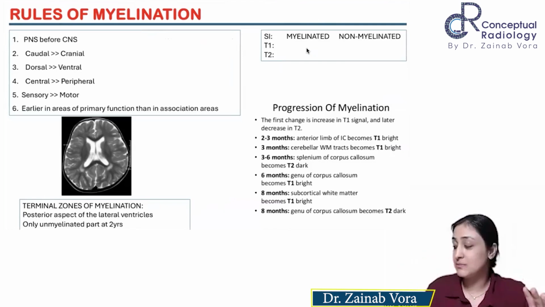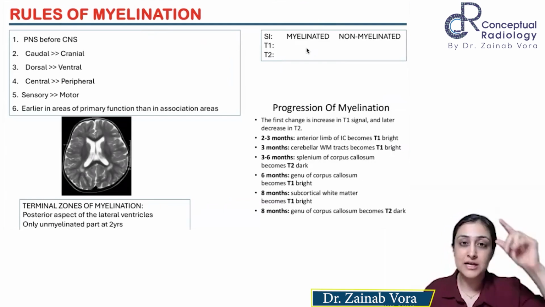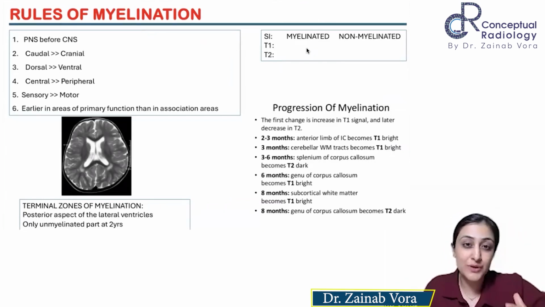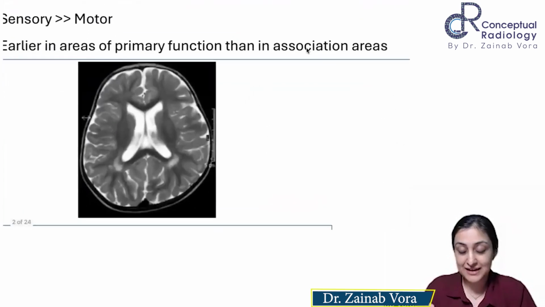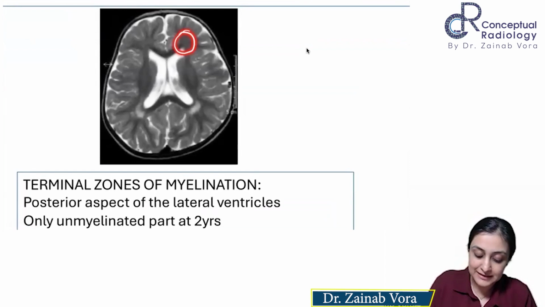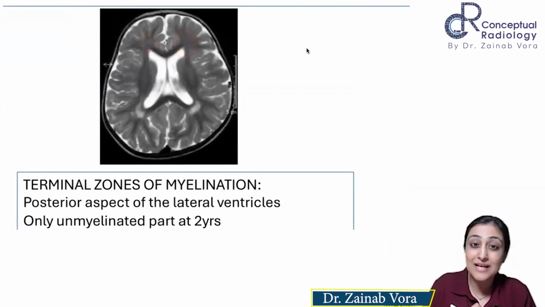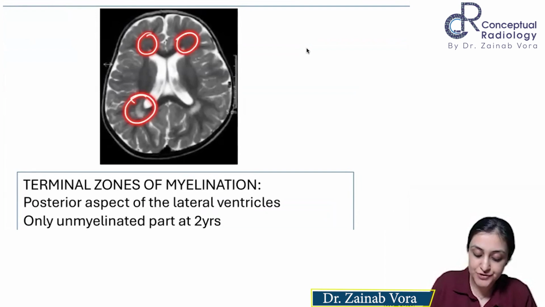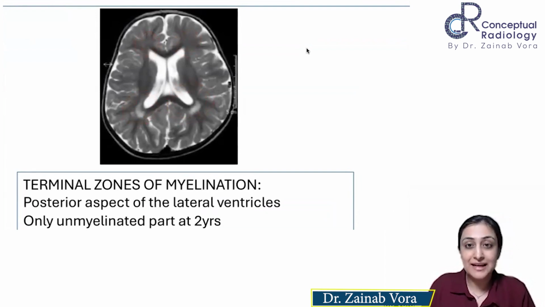It's at 18 months that the brain is almost ready, except a few areas. The few areas which are left at around 18 months are mainly these fibers, which we call the U fibers. So these subcortical U fibers are what are left out at 18 months.